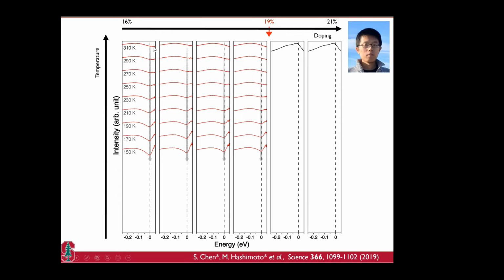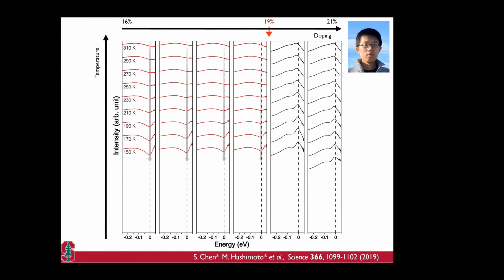You can see that as you cool down, for this part of the spectrum at high temperature, nothing happens at zero energy. As you go to lower and lower energy, you see a suppression of density of states, and this energy scale is pretty high. That's the generic behavior, but it's totally featureless.